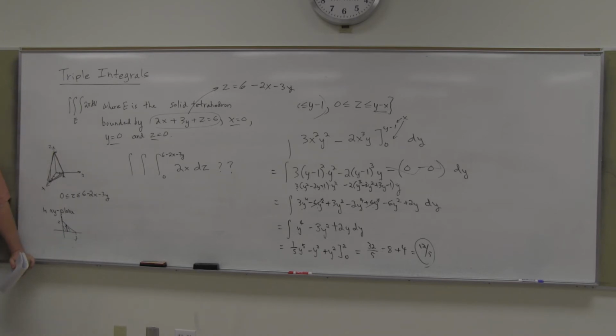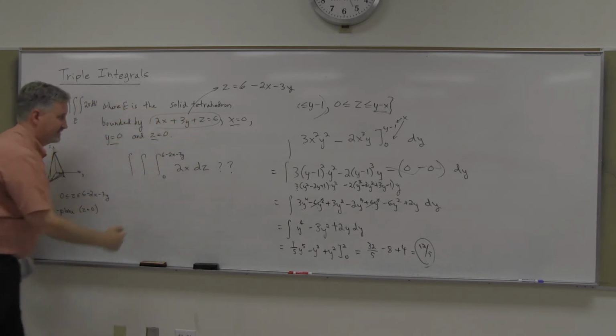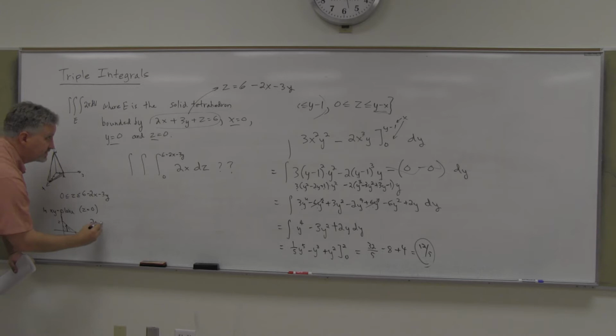So I can figure out that line. And there's a couple ways to do it. You know, use your y equals mx plus b, but notice this. When I'm talking the xy plane, that's z equals 0, and this can help you for ones that aren't lines. So if I put z equals 0 here, I've got 2x plus 3y equals 6.